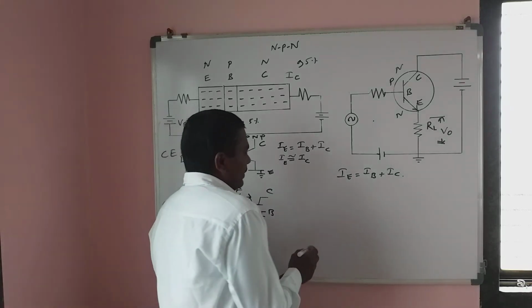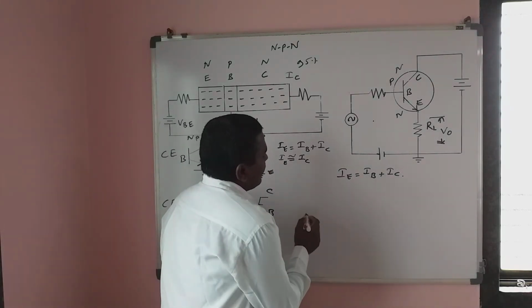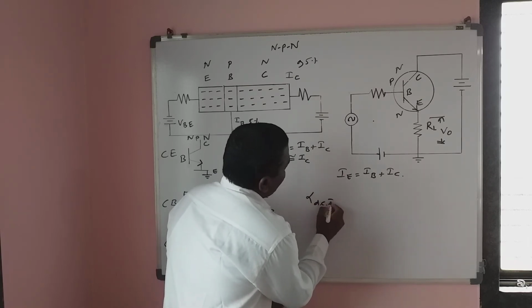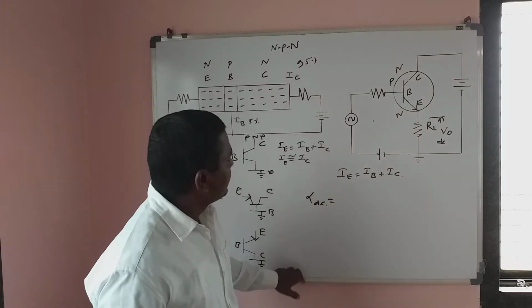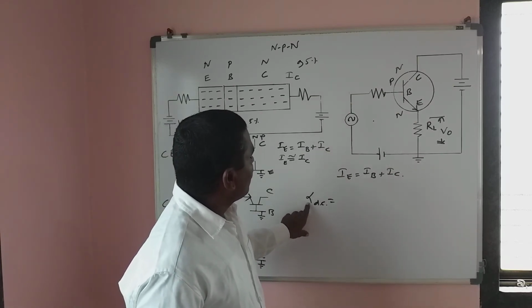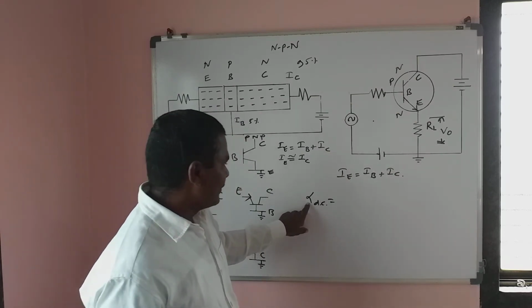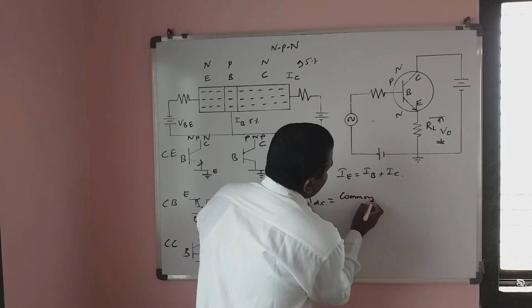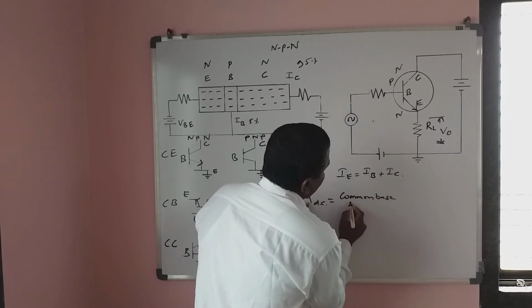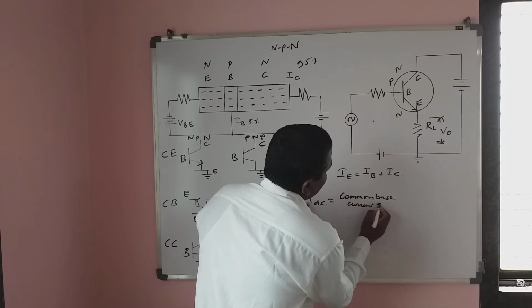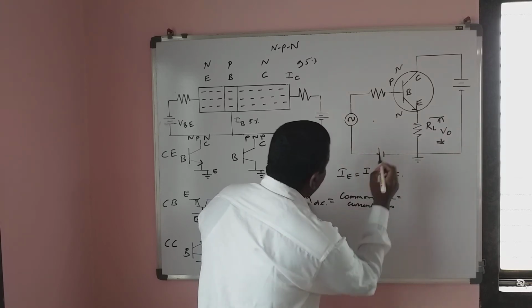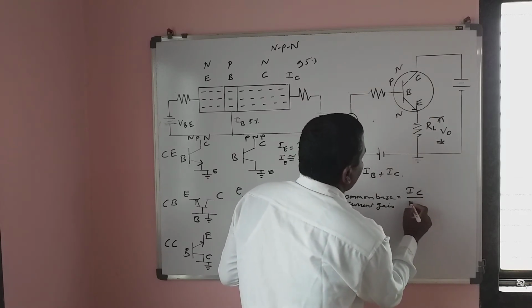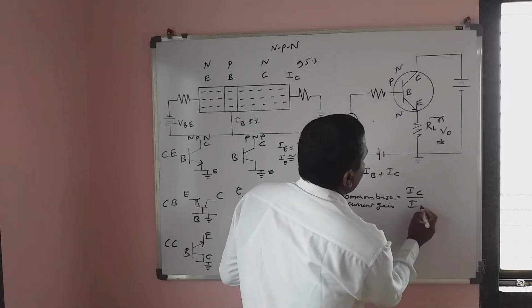Now the definitions. Alpha DC is the common base current gain, and it is the ratio of IC upon IE.